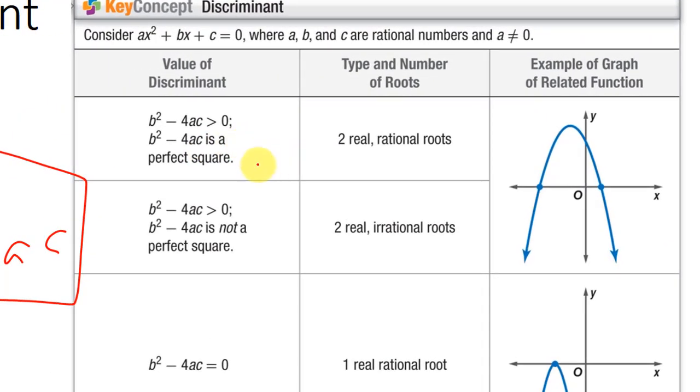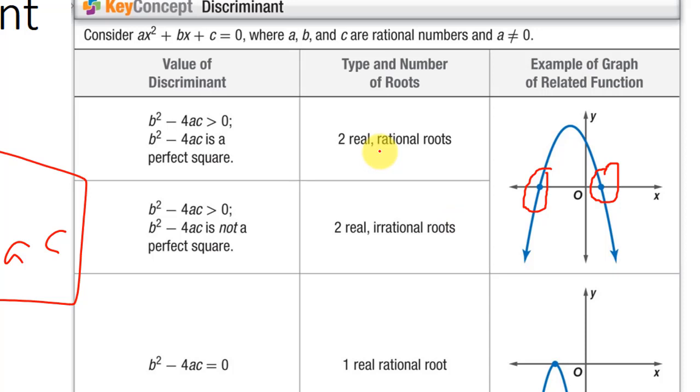If that number inside the square root of b squared minus 4ac is positive, we are going to have two real roots. That's these first two cases here. We're going to intercept the x-axis twice if that's positive, because it's going to be plus or minus that radical part. The only difference becomes if it becomes a perfect square.